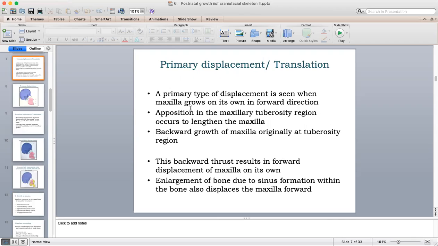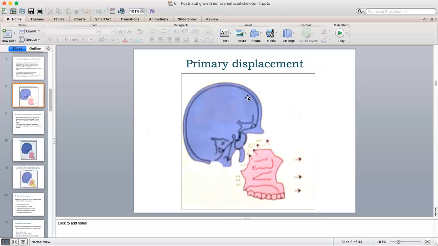Now, primary displacement is seen when the maxilla grows because of its own growth. The example I've already told you about is the maxillary tuberosity. So this is the primary displacement. This is the maxillary bone which is shown separately from the rest of the skull.